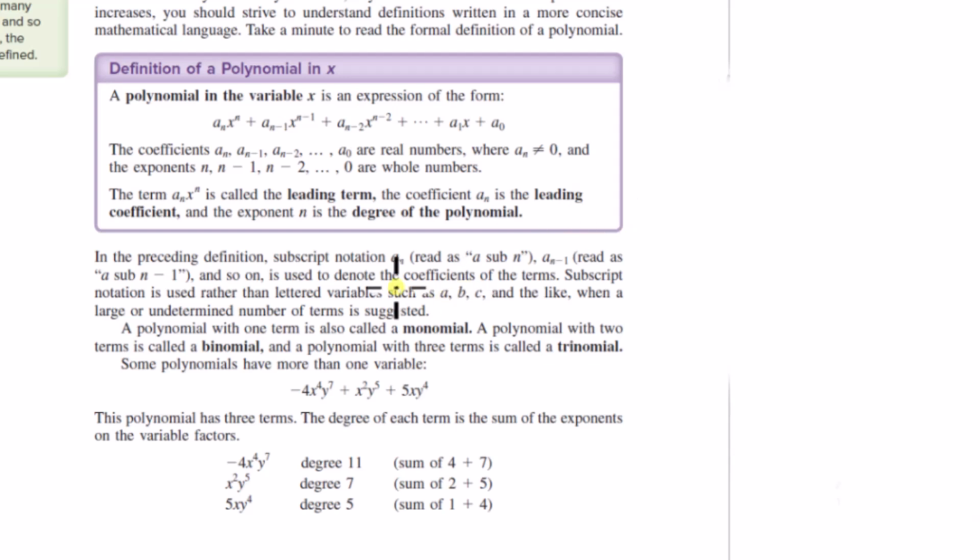Okay, now it says some polynomials have more than one variable. Yes. So this is a trinomial in x and y. That's what you would call this. Now, there's some more terminology that we can use for multivariable polynomials.